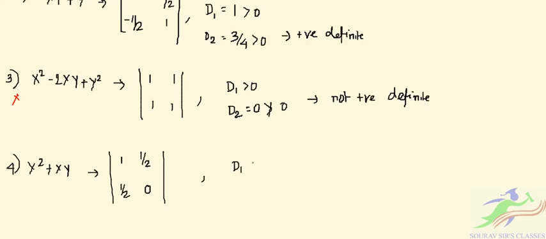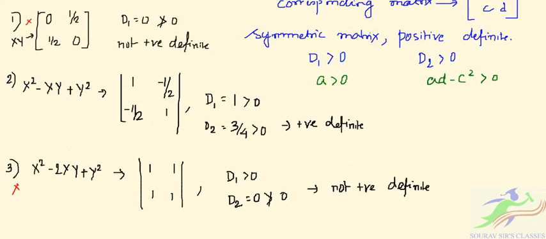So d1 is 1, greater than 0, but d2 is minus 1 by 4, which is less than 0, so it is also not positive definite. Option 4 is also incorrect. So option 2 is the only correct option for this question number 32.